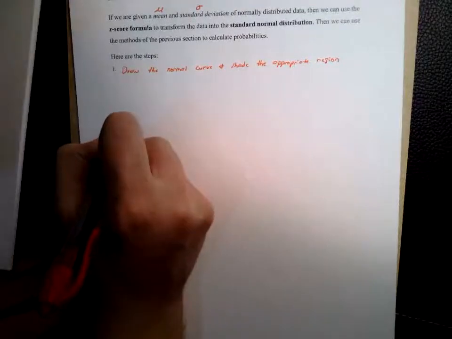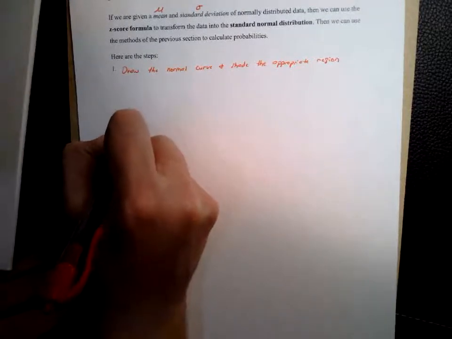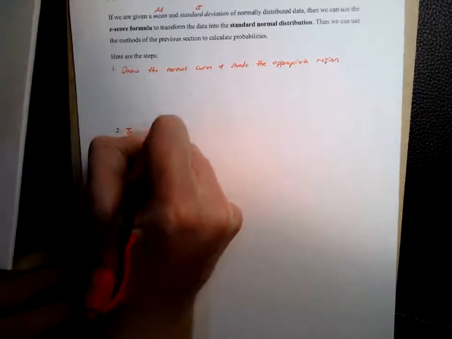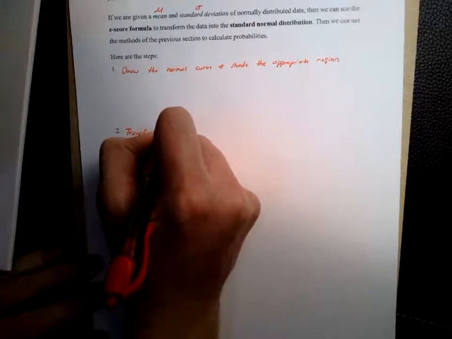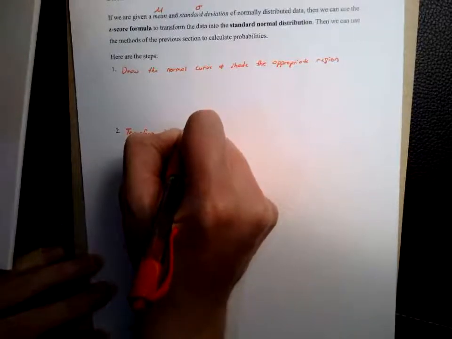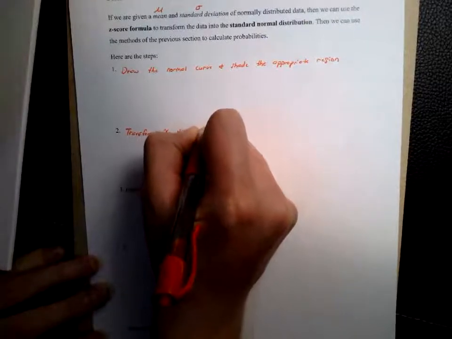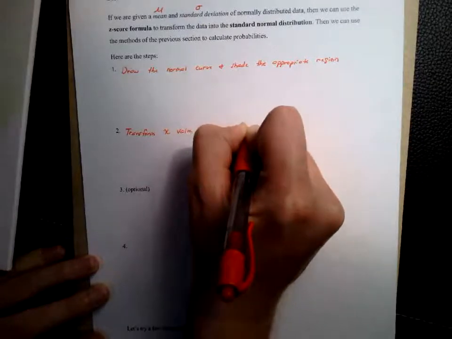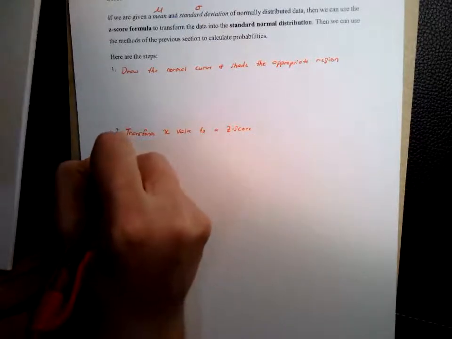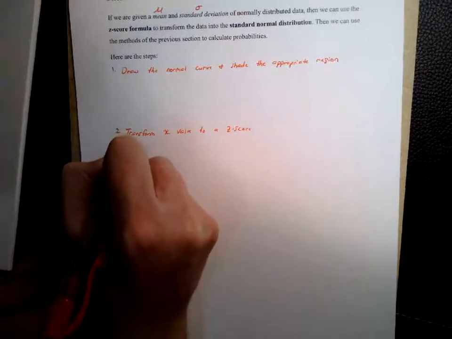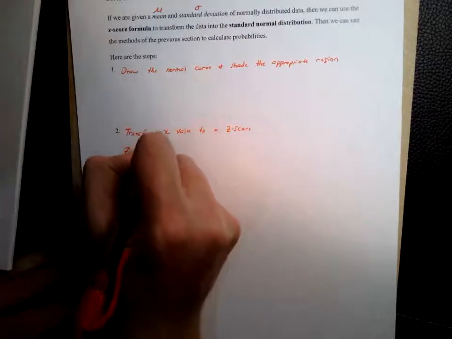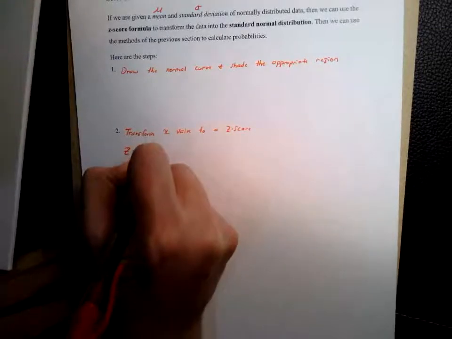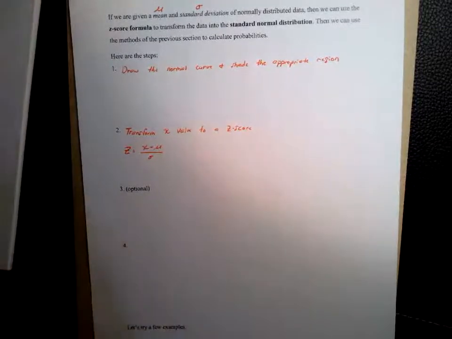Then the second step, transform the data value x you're interested in to a z-score. And how do we do that? By just using the formula we introduced in section 6.1. Z is equal to the data value of interest x minus the mean mu and divided by its corresponding standard deviation sigma.